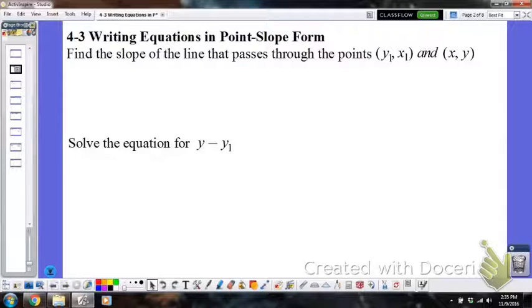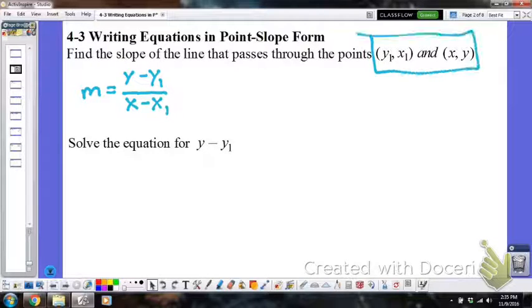So my slope, m, is going to be equal to y minus y1 over x minus x1. So that's the slope of the line that passes through these 2 points.